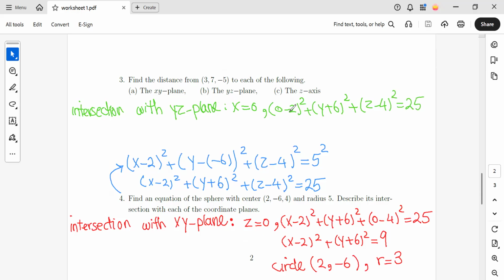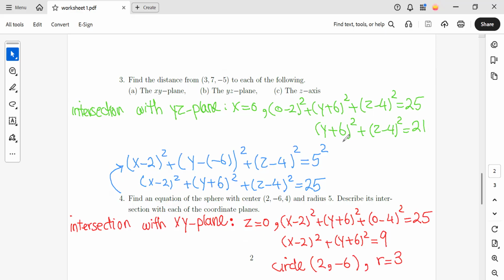The first one would be 4, so we subtract 4 from both sides, and you would have (y plus 6) squared plus (z minus 4) squared equals 25 minus 4, which is 21.